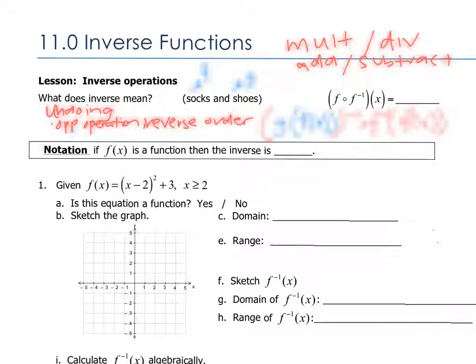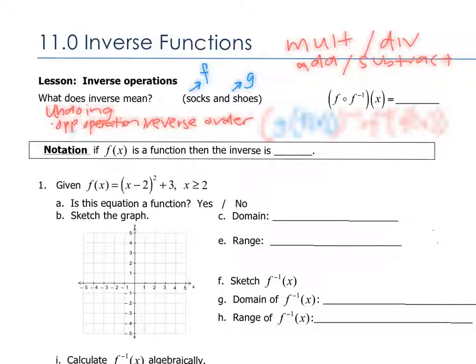So one method to think about is they often say the socks and shoes method. If you say putting on your shoes is function G, and putting on your socks is function F. If I told you to put on your socks and shoes, what would you do first?